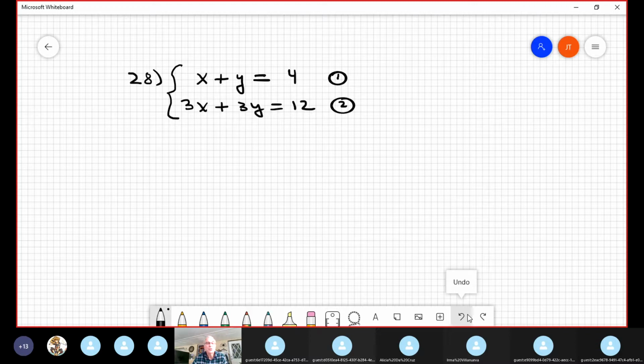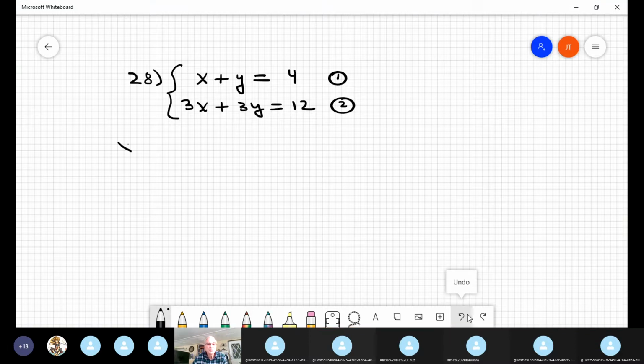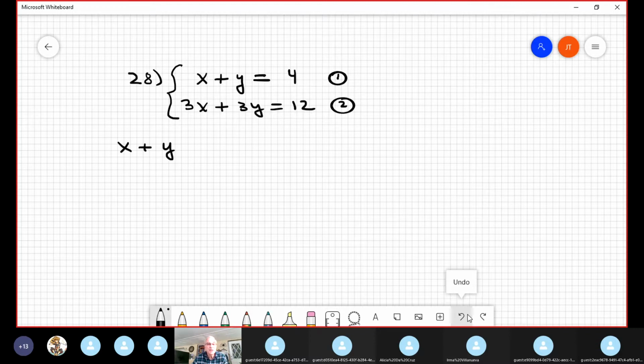Remember substitution? You take equation number 1, because it's the easier one, and it's the equation that contains coefficients of 1 here, and you isolate either x or y. I make a decision because I need to make a decision. Isolate x: 4 minus y.